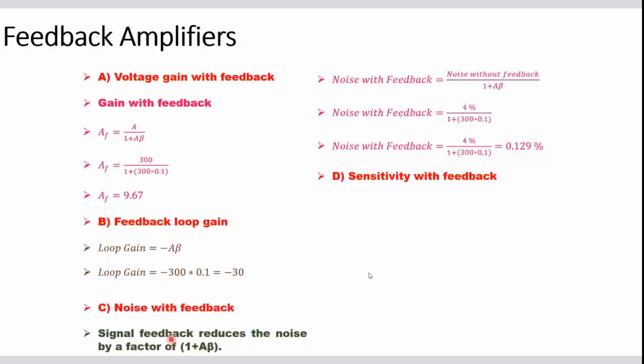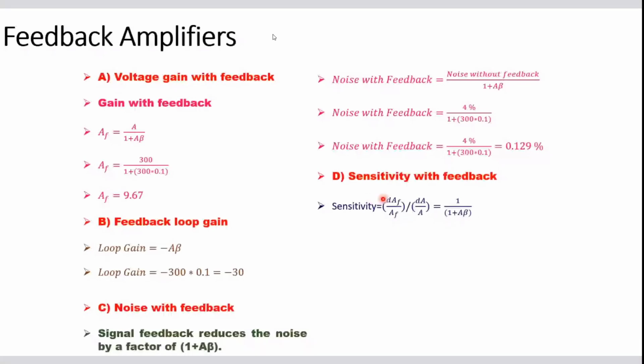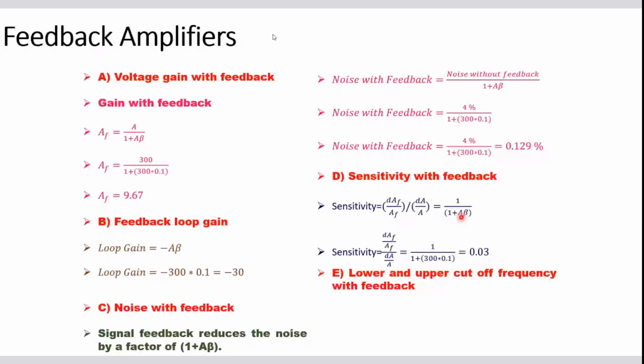We have the sensitivity equation: dAF divided by AF, the fractional change in the gain of the amplifier with feedback, over the fractional change in amplification without feedback. That sensitivity is given by 1 by 1 plus A beta, so we will have the sensitivity as 0.03. You can see the sensitivity is very low after introducing the feedback. That is what you have to infer from this value, 0.03.